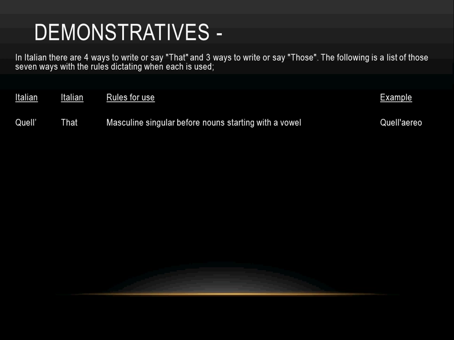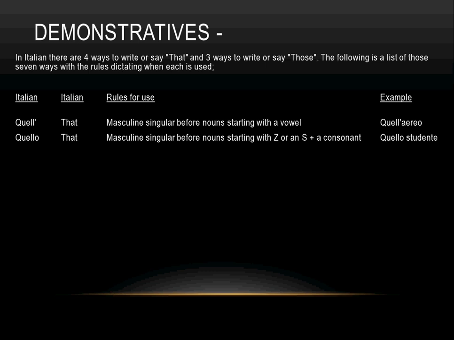To say the plane, we said l'aereo. We added L apostrophe. Well, here you'll notice it's QUEL and then L apostrophe. So as I said, the root being QUE, add the L, then add the definite article, L apostrophe, and there you go. So aereo, airplane, becomes quell'aereo, that airplane.